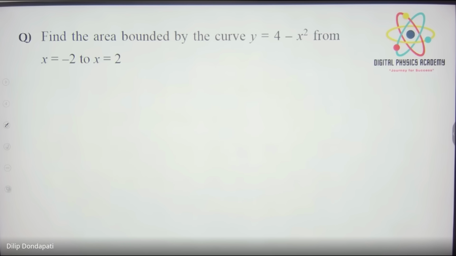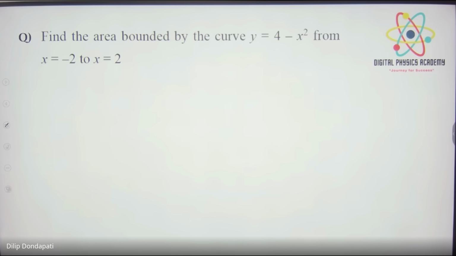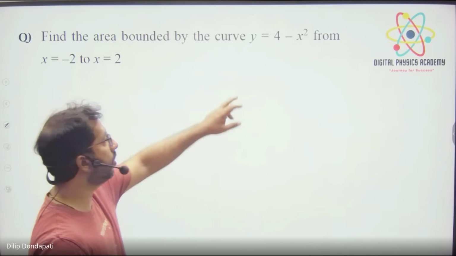Find the area bounded by the curve from -2 to 2. Just simply area. You just substitute the x values, that's it. How to find area for this curve, tell me.